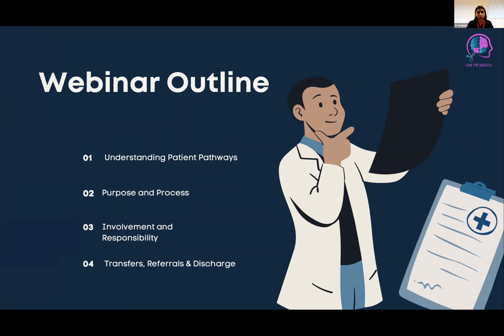We also cover involvement and responsibility: what type of doctors are involved, who sees the patient first, and how they are escalated or discharged home. And then Dr. Coogan is going to be talking about transfers, referrals, and discharge.